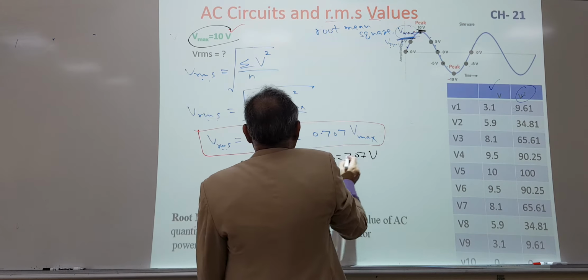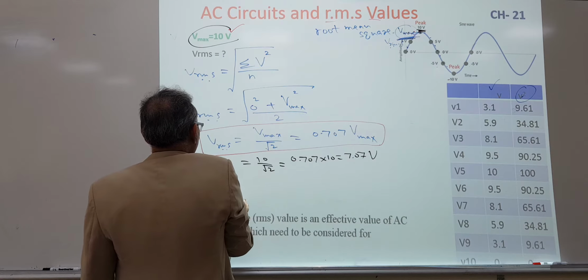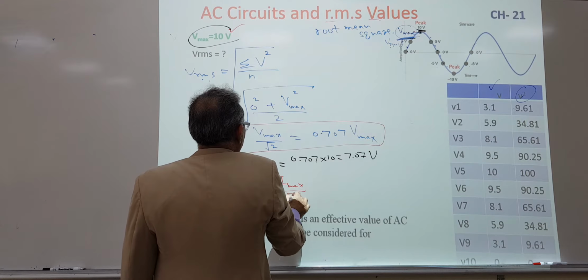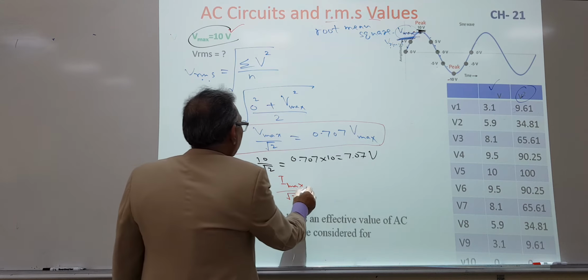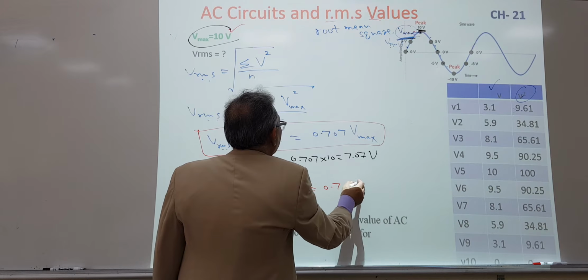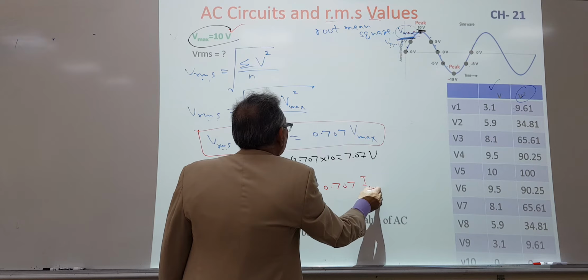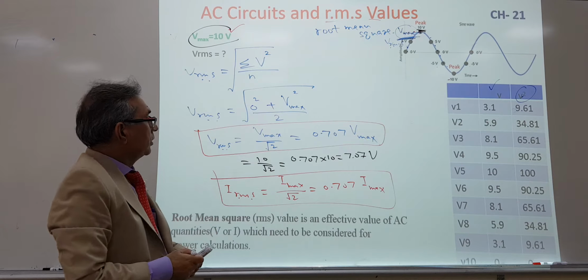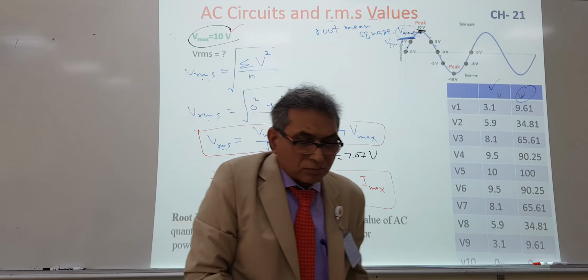You can have the same rule for the current. Root mean square value for the current is I max over square root of 2, which is the same 0.707 I max. These two values you can use. All right.